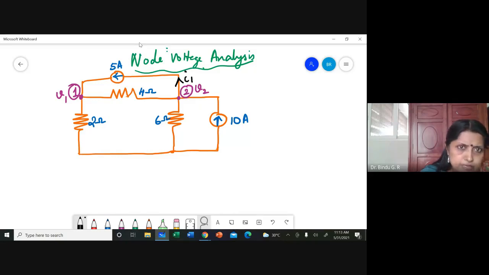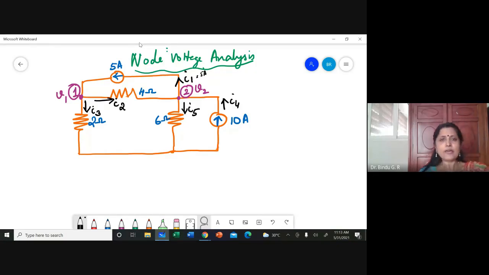I1, which means this is I1, 5 ampere, which is the same as 5 ampere. Then I can put an I2 passing through 4 ohm, I3 passing through 2 ohm, and an I4 passing like this, and an I5. Actually, I don't require all these currents. I'll tell you why later on.